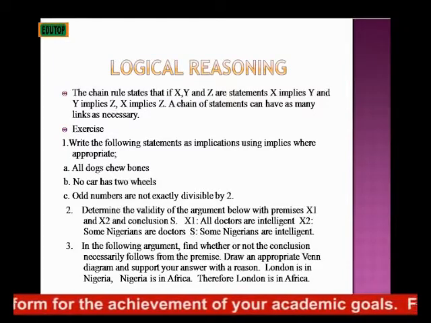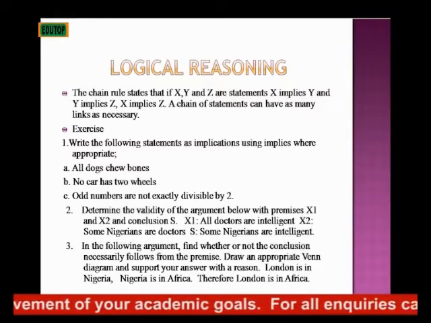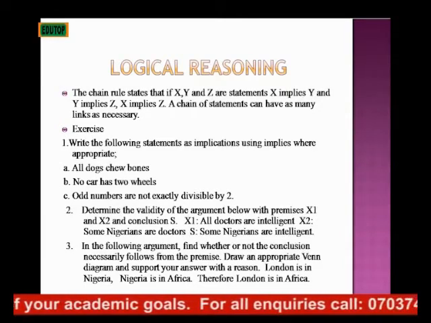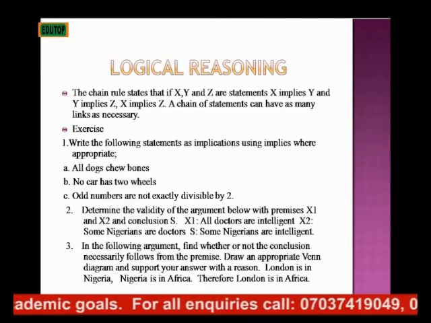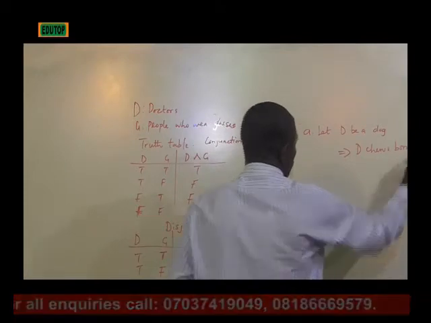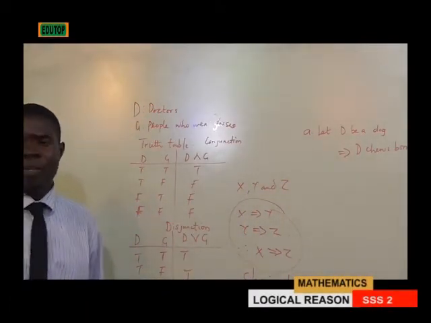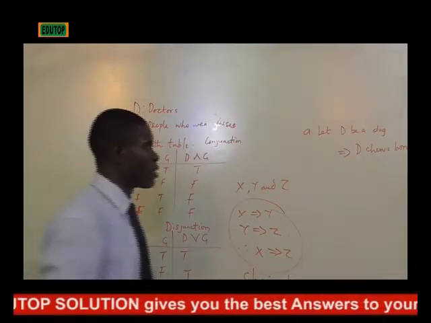A: let D be a dog, which implies that D chews bones. That is the implication of that statement.